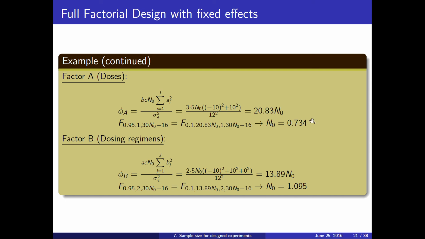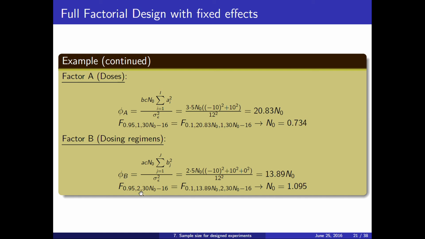What about the dosing regimes? For the dosing regimes, we have 2 doses and 5 drugs. So for each dosing regime, we have this combination where they appear, and what we want to detect is this minus 10, 10, and this gives us 13.89 and 0 for the non-centrality parameter.